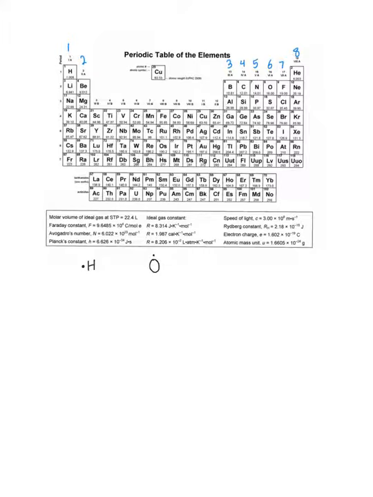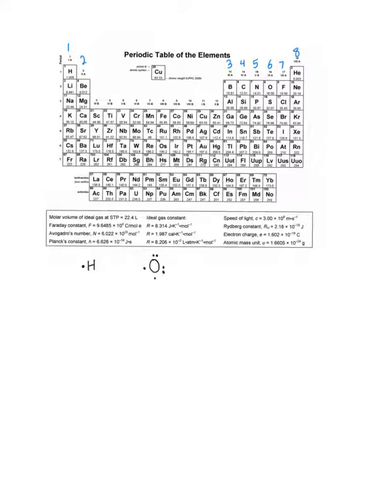So 1, 2, 3, 4. I put 4 electrons on 4 sides around oxygen, and then I start pairing them with the remaining electrons, 5 and 6.